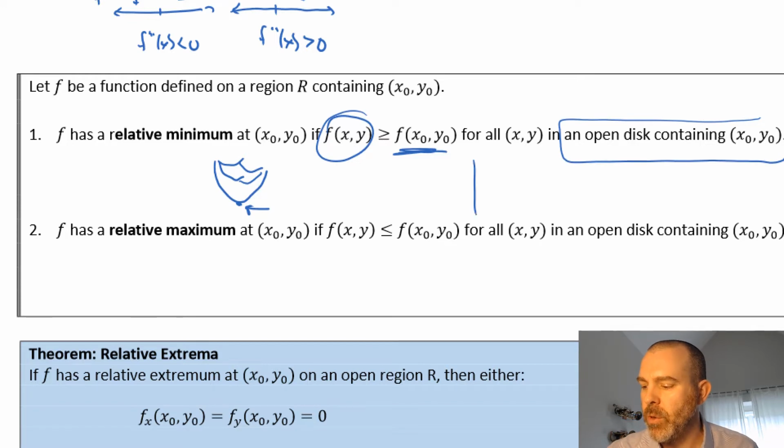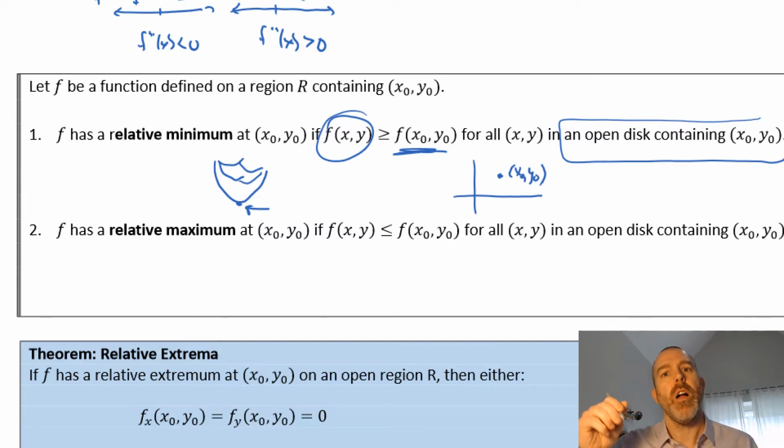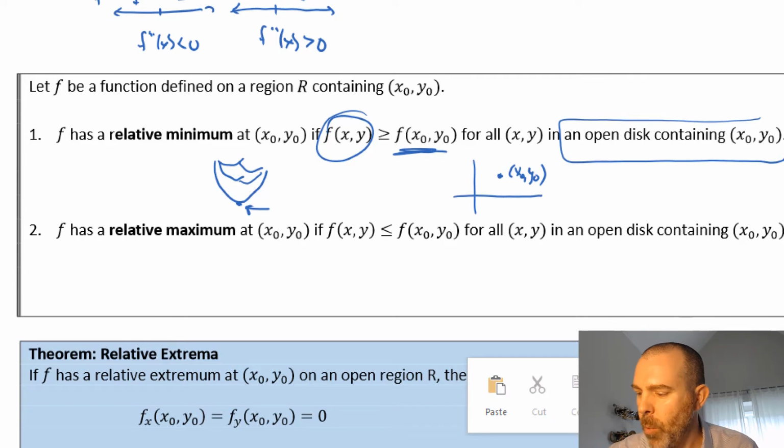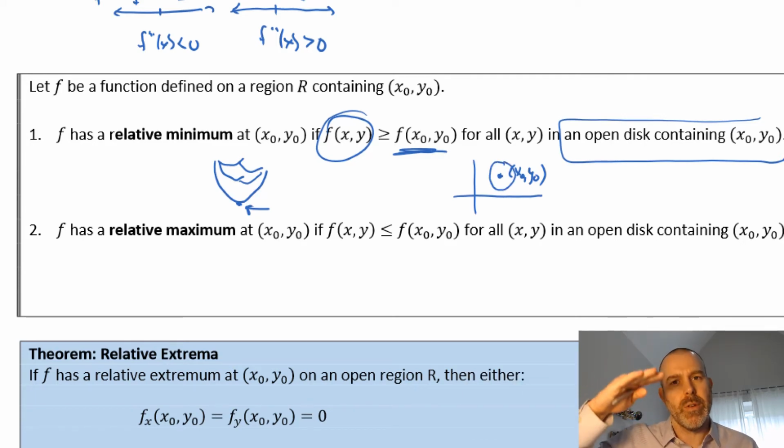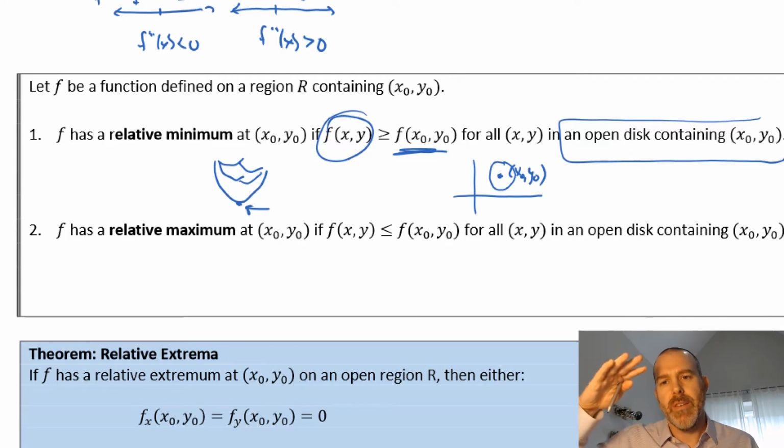So what this means is if you look in your xy plane, say here's your point x naught, y naught, all of the z values for all of the points around there have to be above that. So there has to be some open disk around here so that all of the z values, and of course we can't really draw them, are above that. All of the z values in that open circle are above the z value at that initial point, in the middle point.